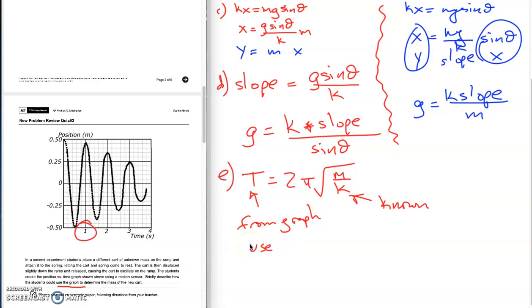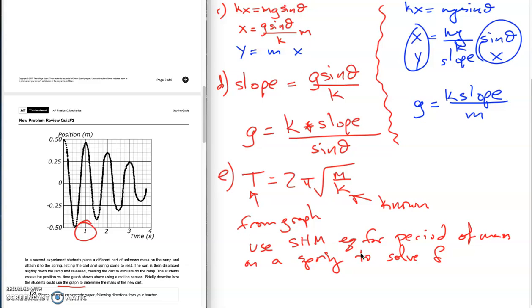So you can use the simple harmonic motion equation for the period of a mass on a spring to solve for the mass, having gotten the period from the graph.